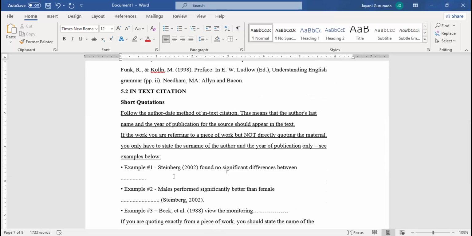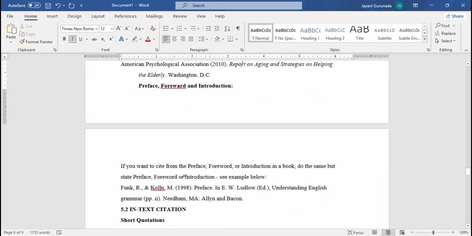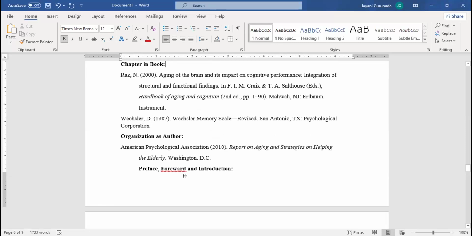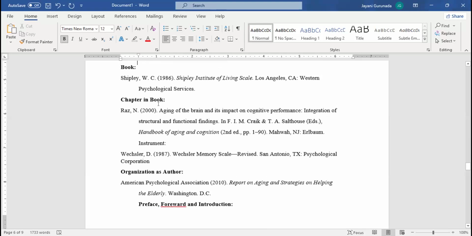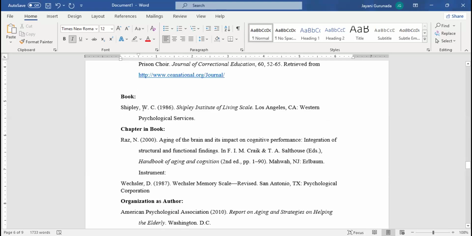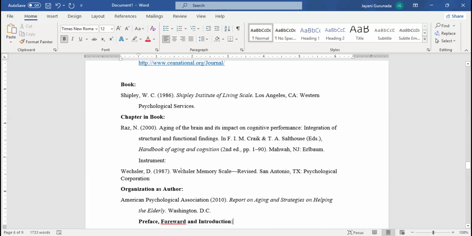This one is American Psychological Association 2010. This one Wechsler 1987. This one Ras 2000, like that. Only the name, we don't put initials. Shipley 1986. So you don't need to write initials, only the surname and the year, right?